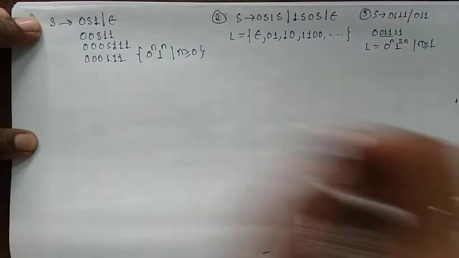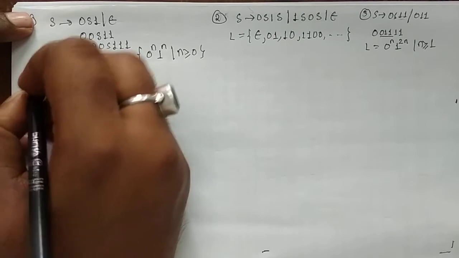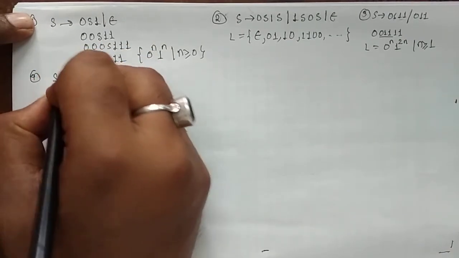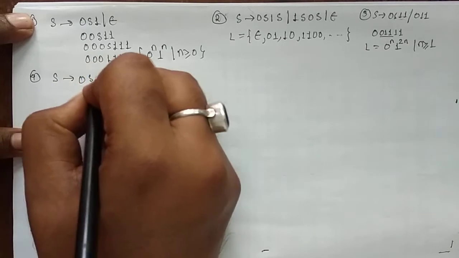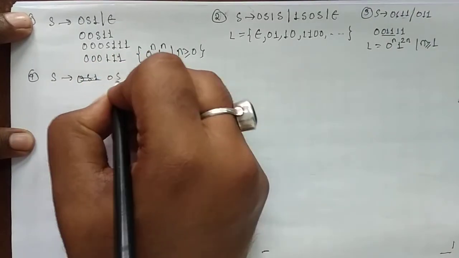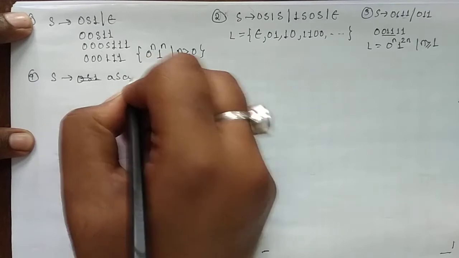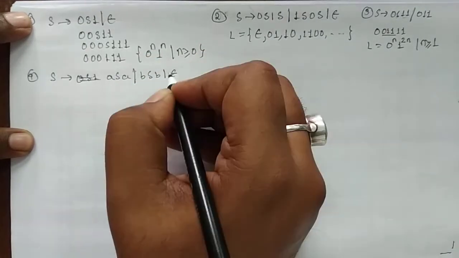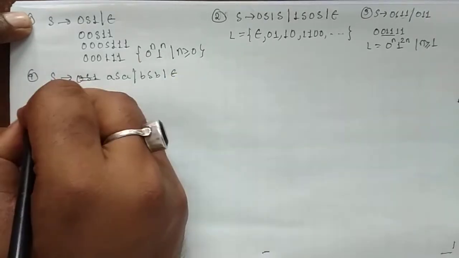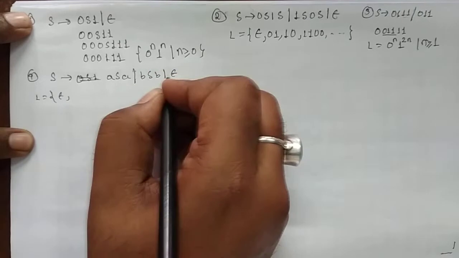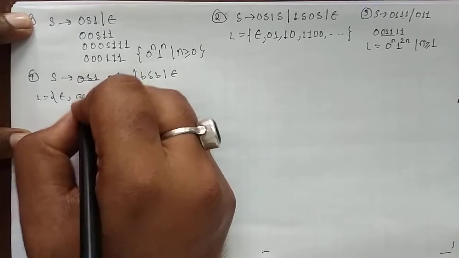Let us take another example, number 4. Let us take S goes to A S A or B S B or epsilon. What is the language? Either epsilon, or replace this S by epsilon, so you are getting AA.